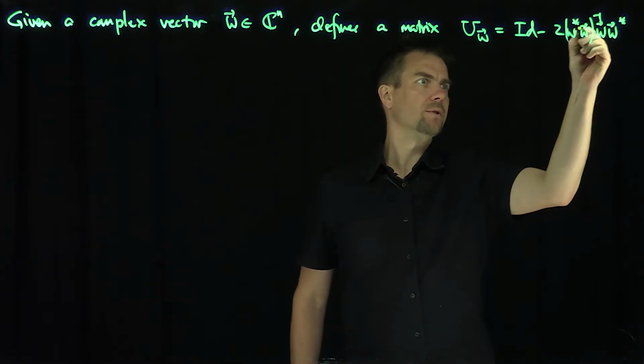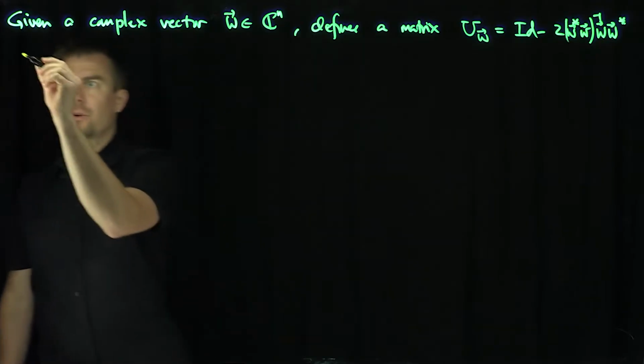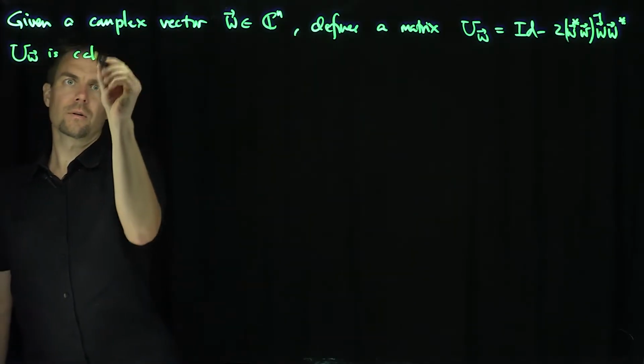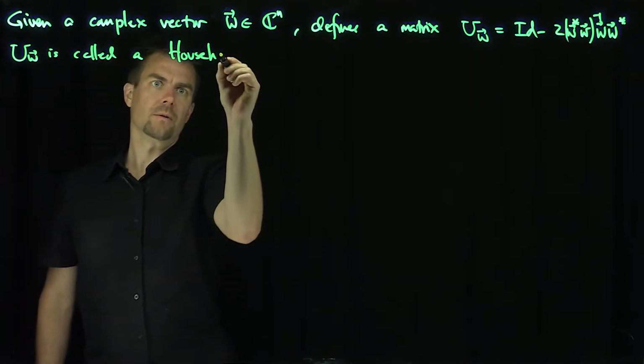And those are all vectors, of course. And then this matrix U_W is called a Householder matrix.